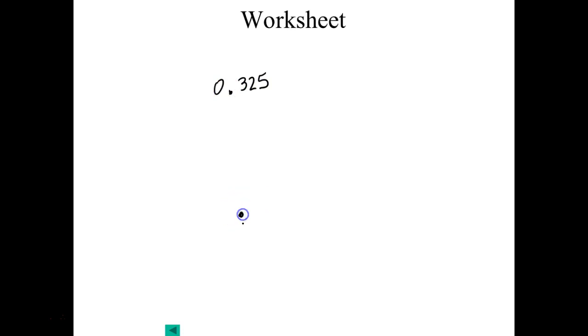Here's my binary point, and what's the first thing I'm going to write down? I'm going to write down a 0.5, right? Next I'm going to write down a what? A 0.25, and the next thing I'm going to write down is a 0.125, and y'all might help me after this, 0.0625 or something like that.